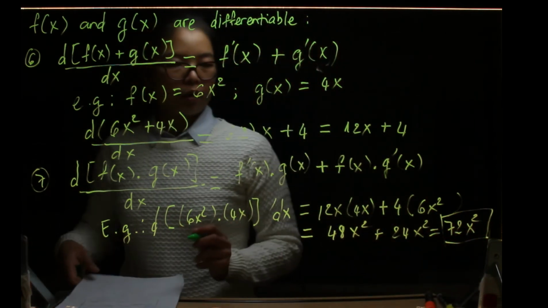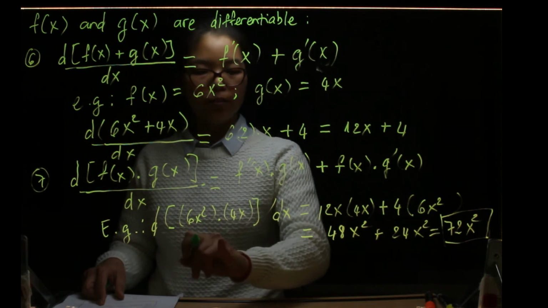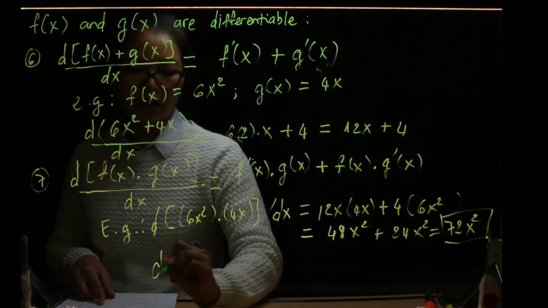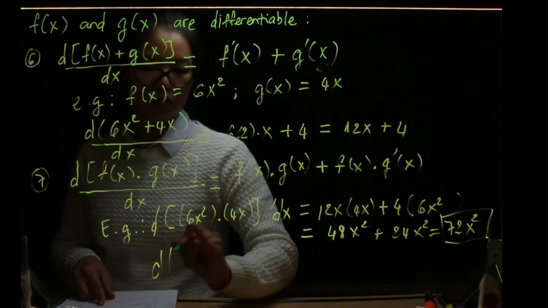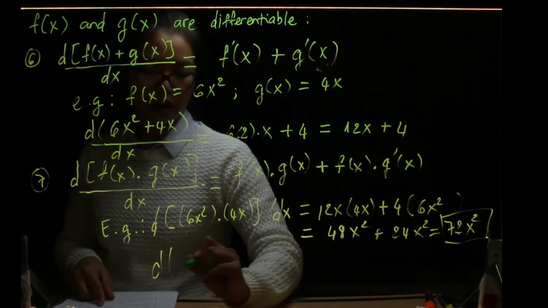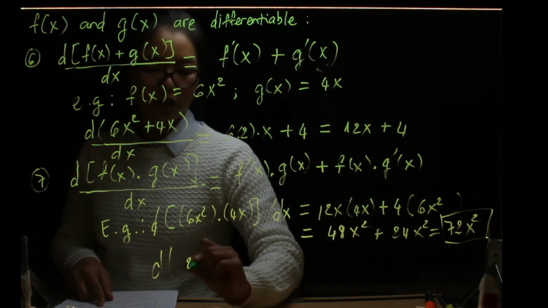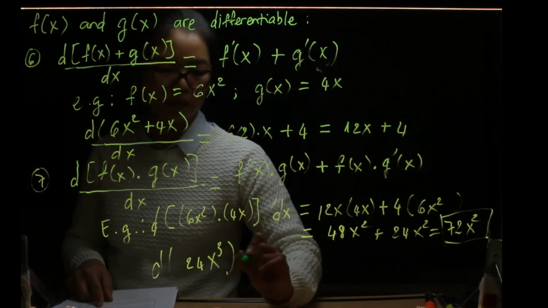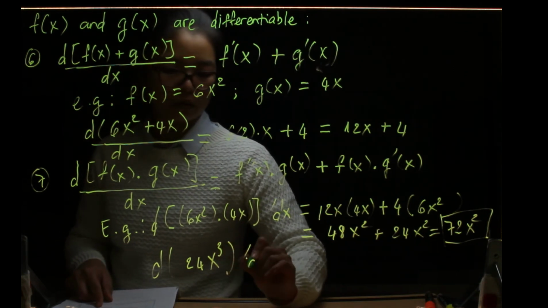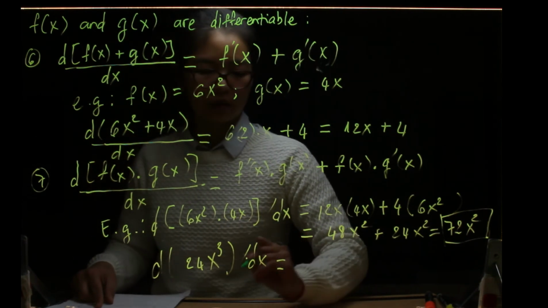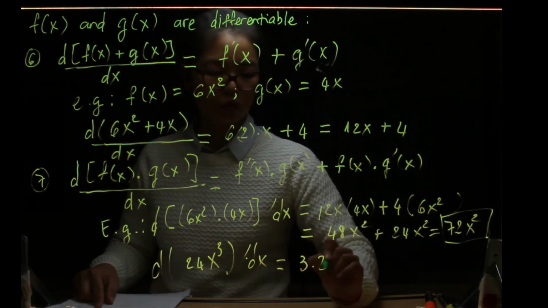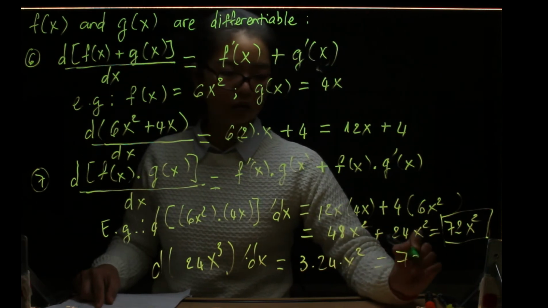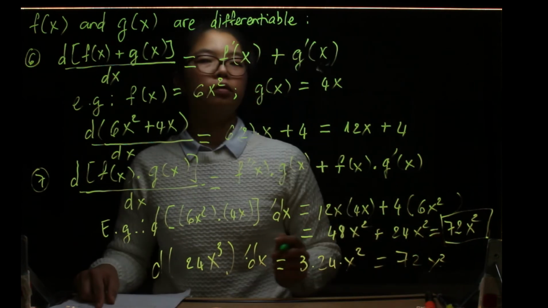Right? Now, for such a simple function, you might ask yourself, how about we take, for example, the derivative of, we factor out those functions together, so 6 times 4, 24, x to the power of 3, with respect to x, that means 3 times 24 times x squared also, right?